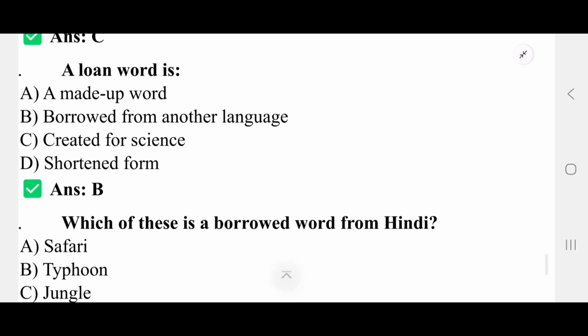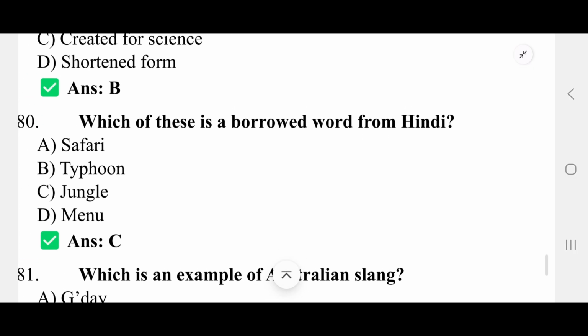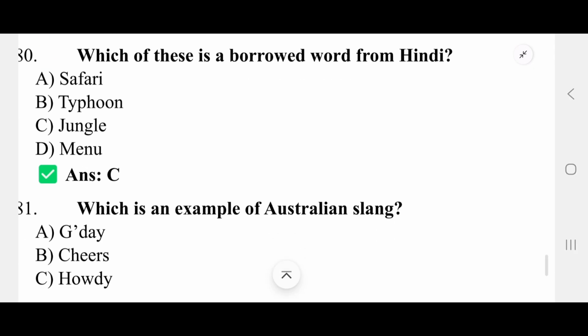So borrowed from another language. That's option B. Which of these is a borrowed word from Hindi? Safari, typhoon, jungle, menu. So here jungle is a borrowed word from Hindi.